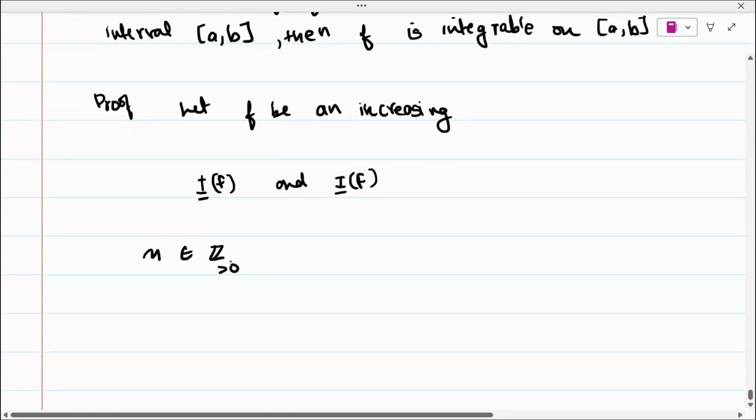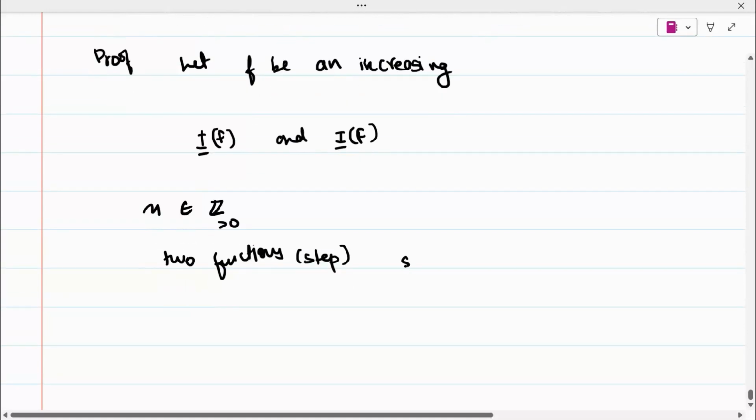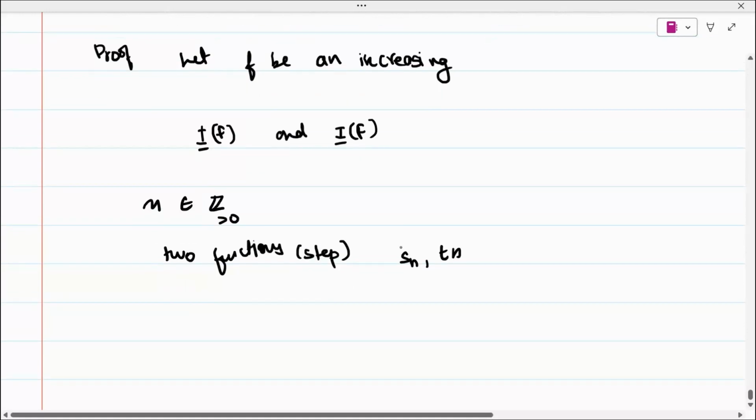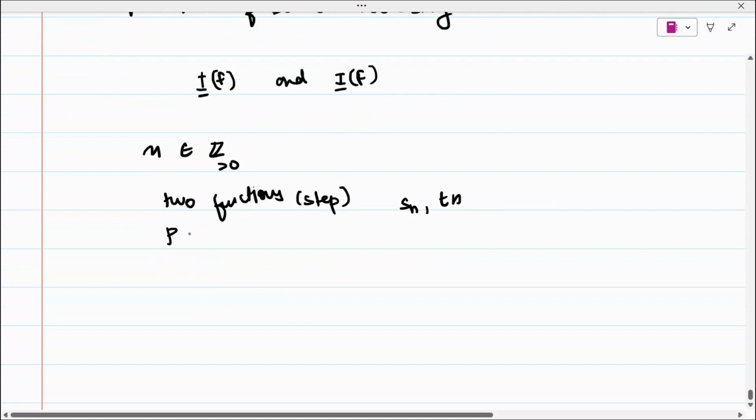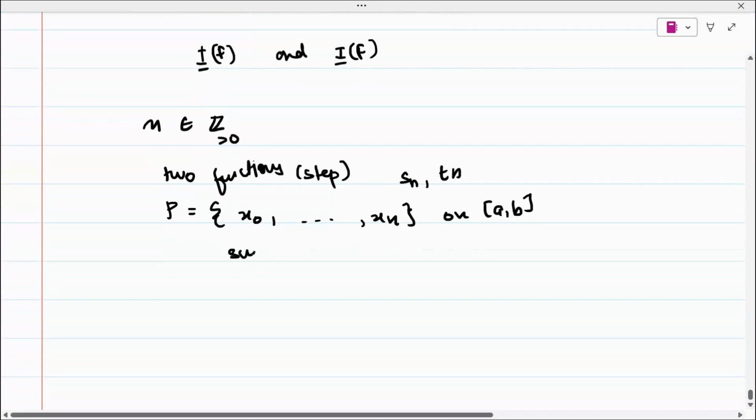Now we construct two step functions, s_n and t_n, and a partition x0 all the way to xn on this interval [a, b], where the k-th subinterval is x_{k-1} to x_k.